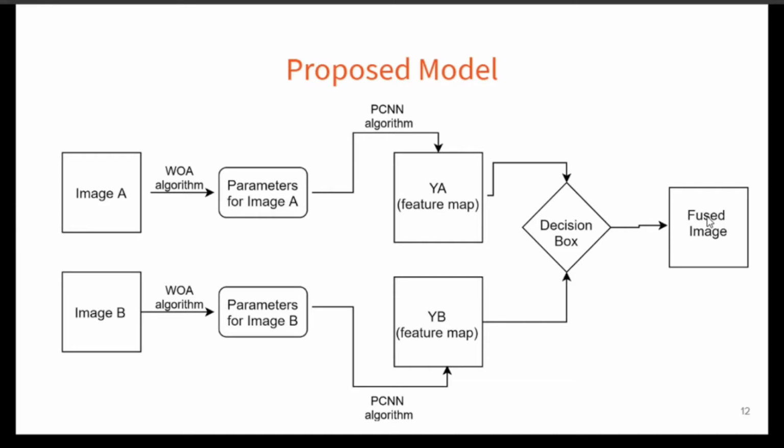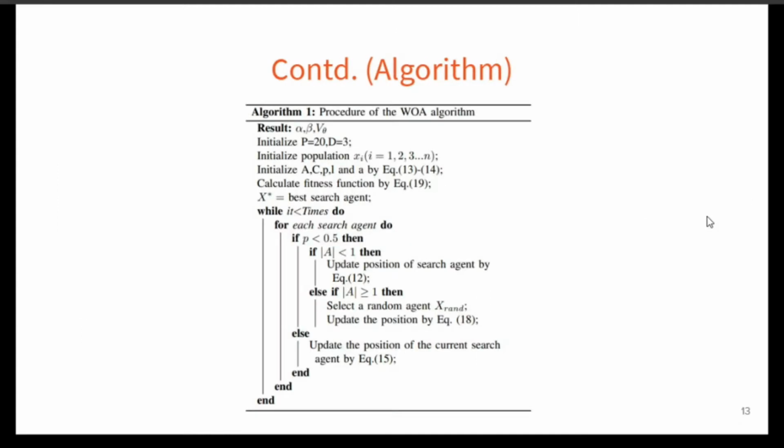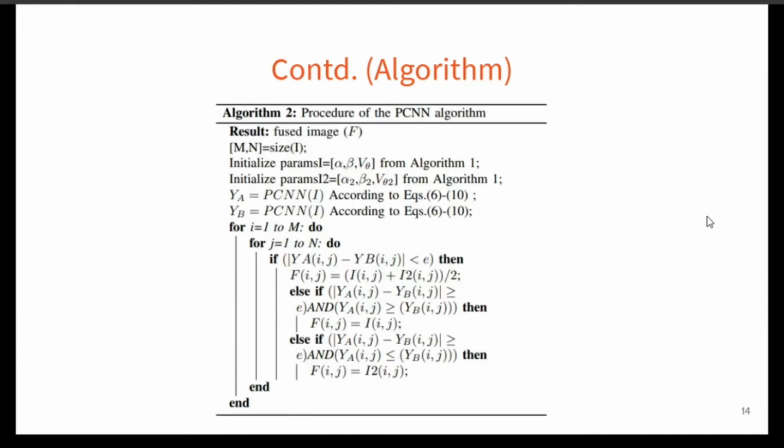The decision box then allows the fusion of these two images as per the information in the feature maps. We have the algorithm used by the WOA optimizer according to the respective equations as shown previously. The primary algorithm for calculating the feature map and performing fusion is also shown here.